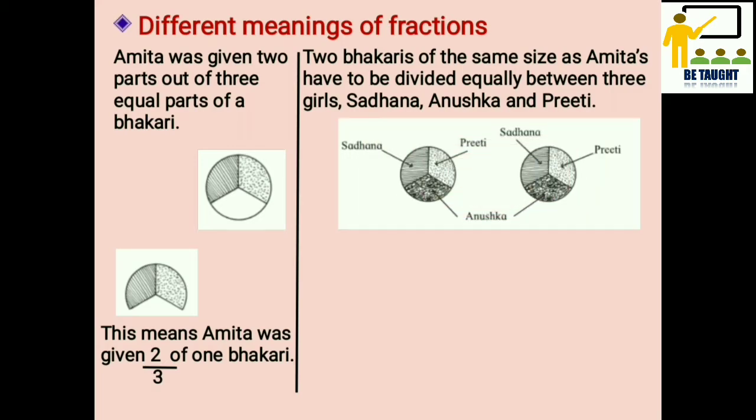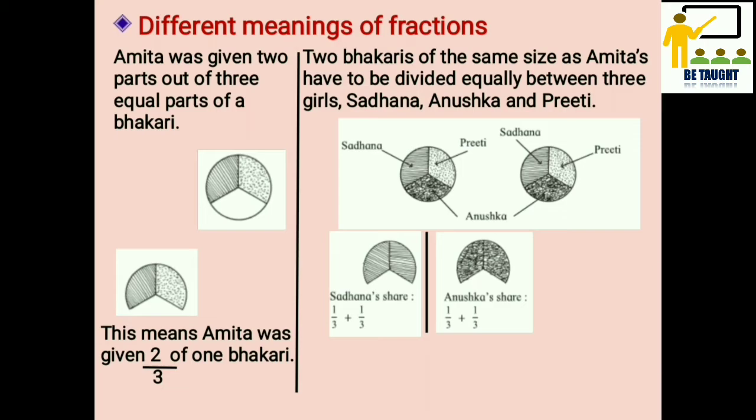The 2 bhakris were divided into 3 equal parts each. 1 part of each bhakri was given to Sadhana, Anushka and Preeti. So Sadhana's share was 1 upon 3 plus 1 upon 3.